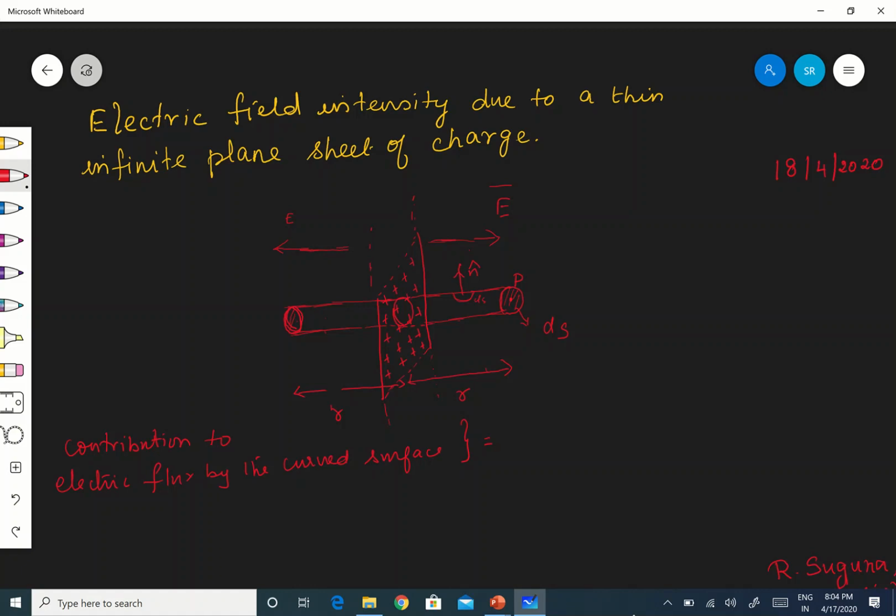E is in this direction, but ds will be perpendicular.